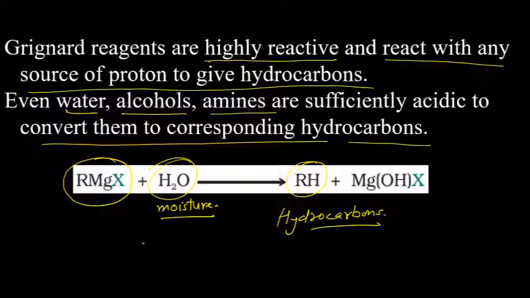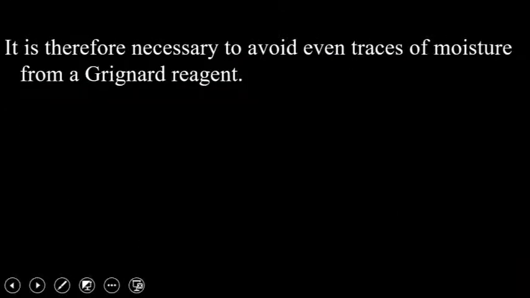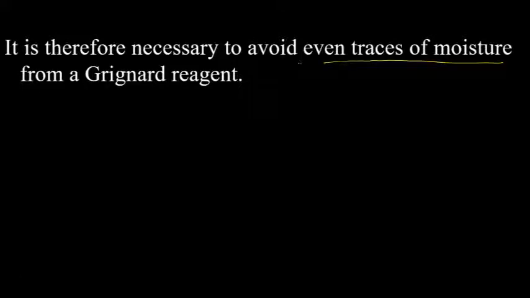So Grignard reagent is not able to react with the moisture and it reacts with the compound we want it to react to. Yes, they were correct. To prevent it from reacting with moisture. So it is therefore necessary to avoid even traces of moisture from a Grignard reagent.